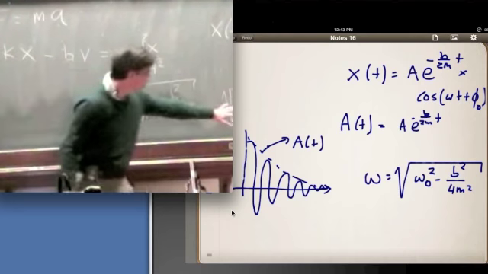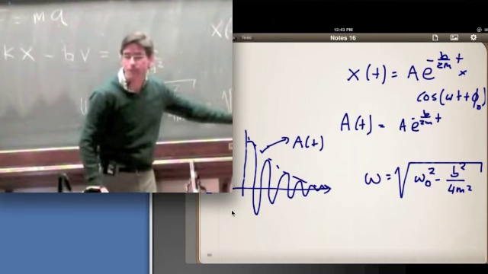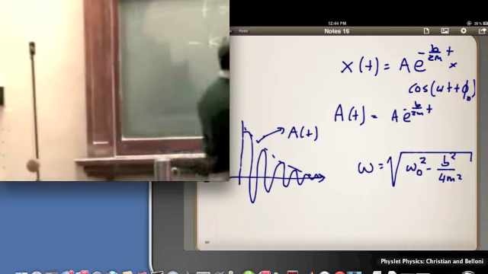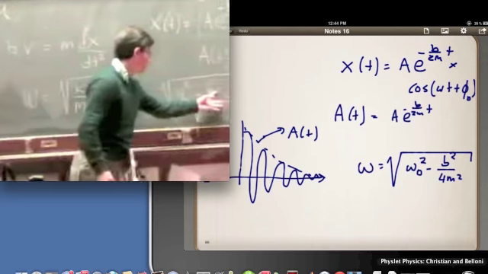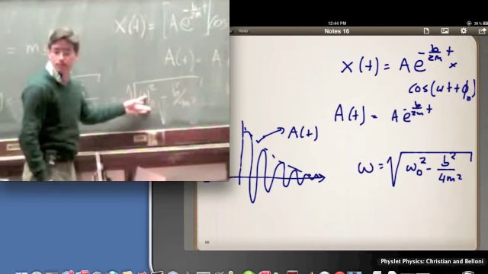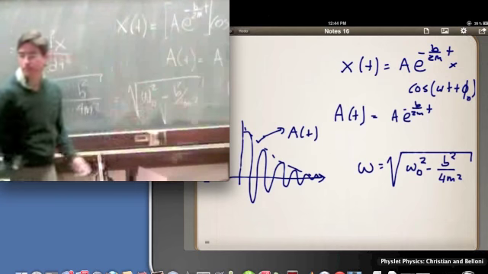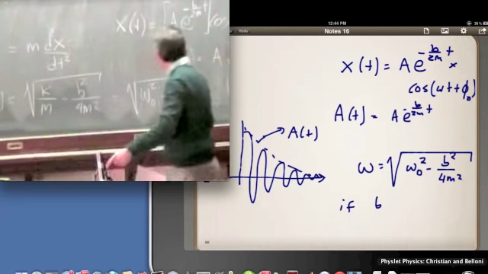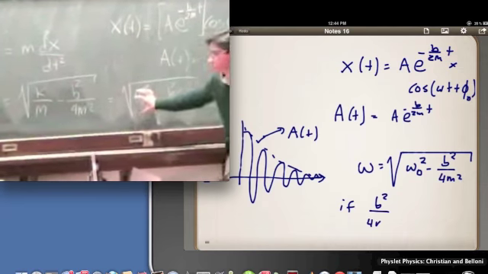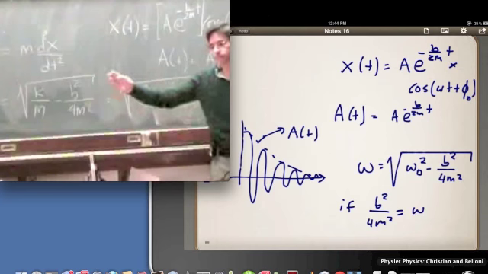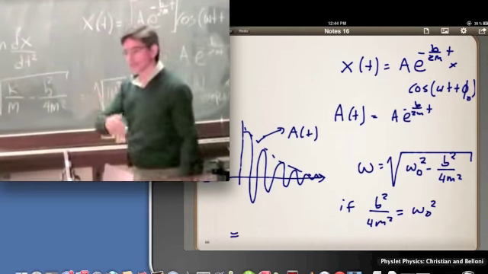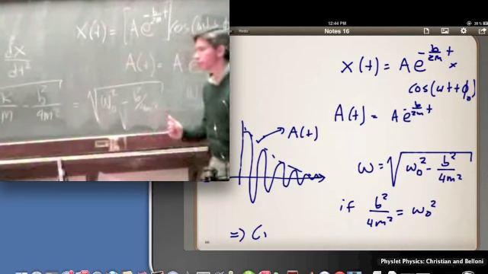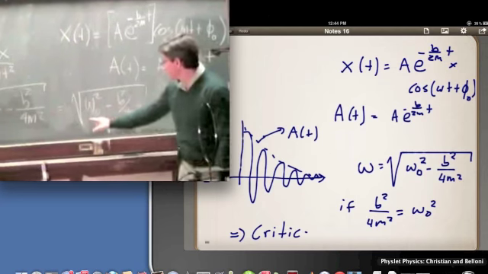There's also something very interesting that you can see from this equation. What happens when this term is as big as this? Typically for the pendulum that we have there, this term is much smaller than this. So the oscillations last for a while, right? That's when this is small. But what happens when the damping goes up so much that it matches this?